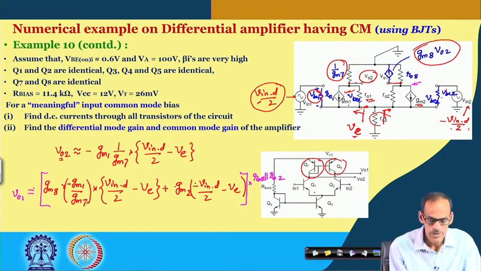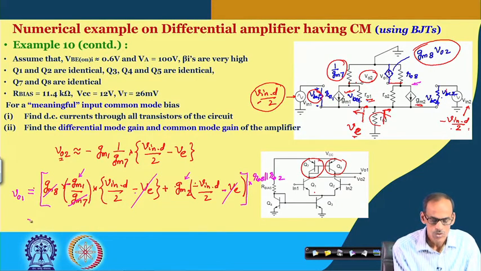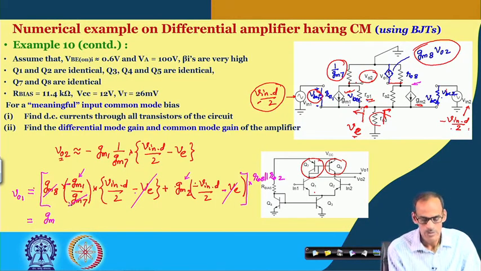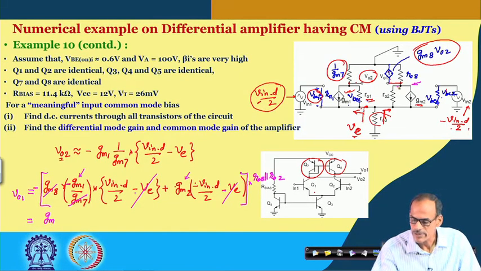In fact, if you see here, GM7 and GM8, we may cancel them out, and if I consider GM1 and GM2 equal, then we do have a minus sign here and a minus sign here, that makes it plus, and here we do have a minus sign. So, we can say even this part is also getting removed. So, with this approximation, what we are getting here is GM1, and of course with a minus sign here, because the current is departing this node.